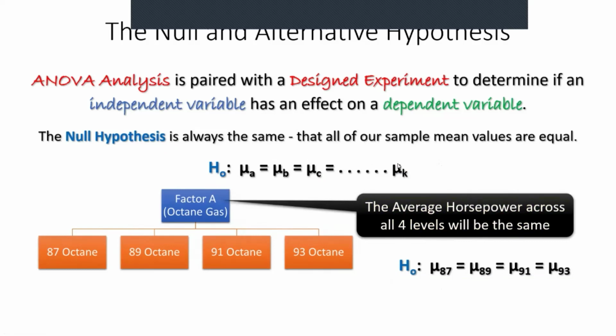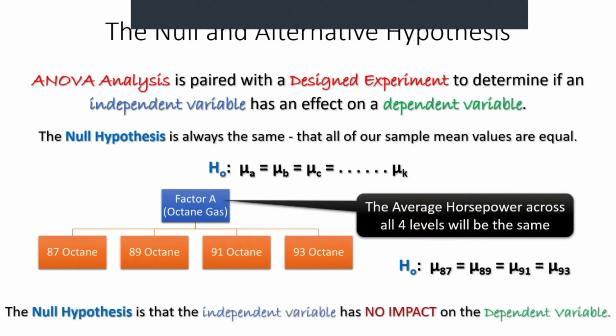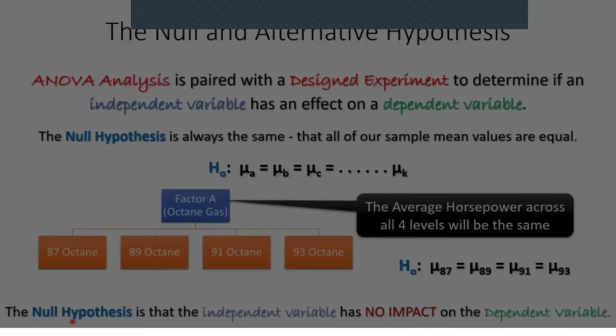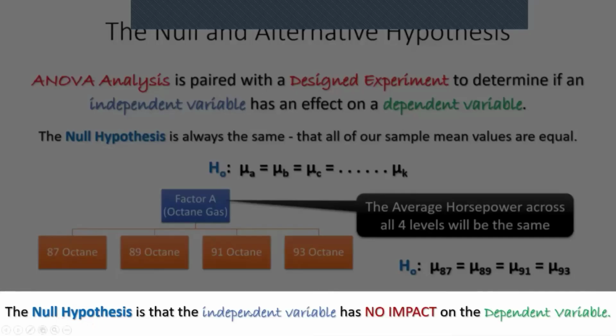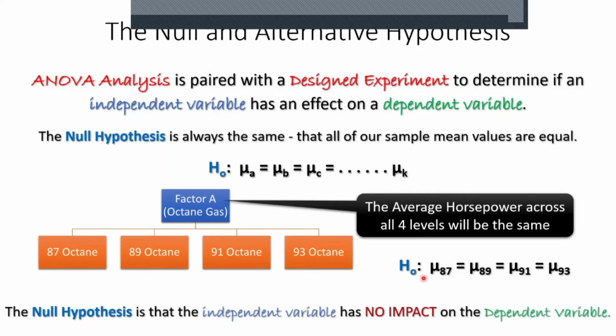And of course, we can rephrase that in terms of the actual DOE that we're performing. The null hypothesis in ANOVA is that your independent variable, the factor that you're studying, has no impact on the dependent variable, right? All of these mean values will be the same, and the only way that'll be true is if changing the octane gas has no effect on horsepower, okay? That's the null hypothesis.